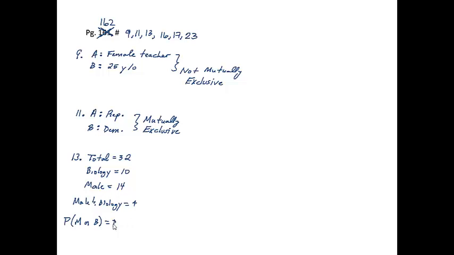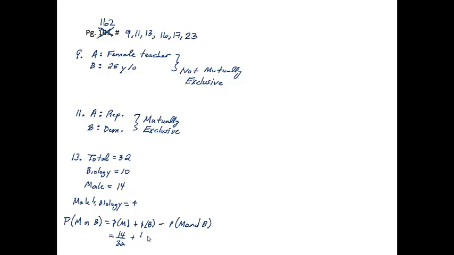So remember how we did it? It was the probability of the male plus the probability of the biology major minus the overlap. So the probability of male and biology major. Well, the probability of a male, how many males were there? There was 14. So that's 14 out of 32. Plus, how many biology majors?